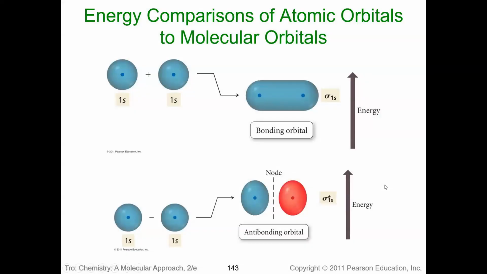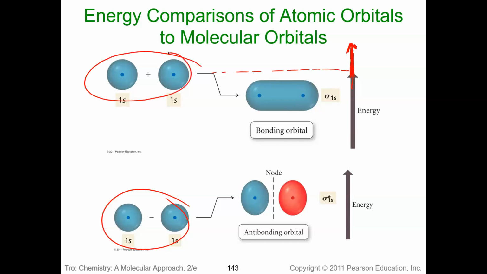So here's what I mean with the energy. Here are our orbitals right here. Here are our bonding orbitals. If this is energy, this should be a little bit higher. Here are our normal orbital energies.